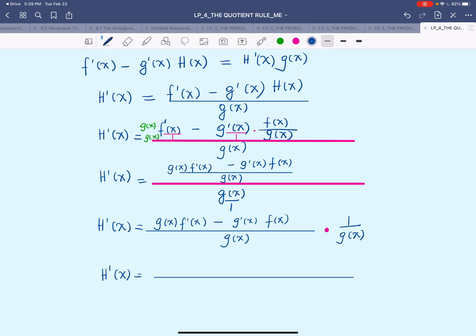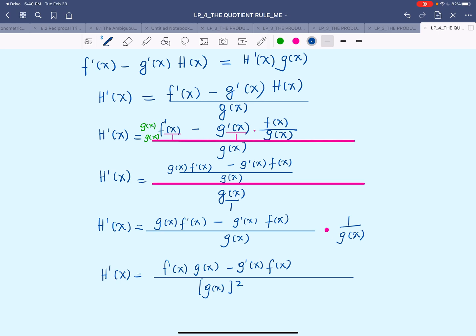and one thing that I like to do is start with f prime, meaning that instead of writing g of x f prime x, I'm going to start with f prime x g of x, and then minus g prime x f of x, and the two g of x's will multiply each other to leave us with g of x to the power of 2.